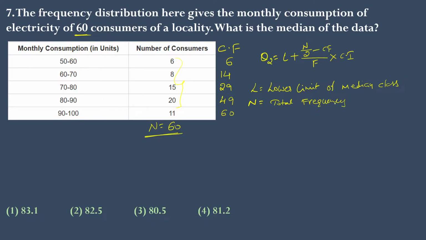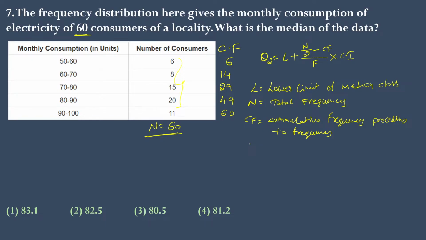CF is the cumulative frequency preceding the median class.